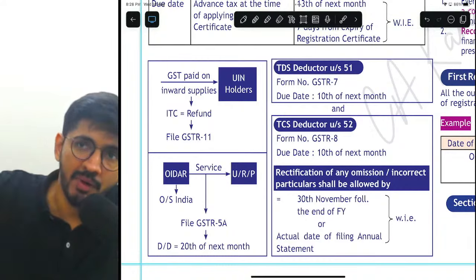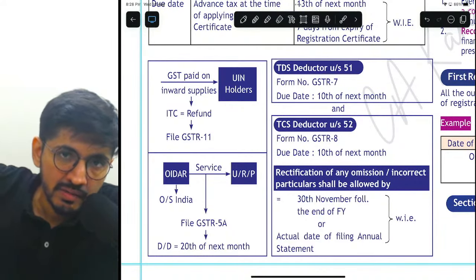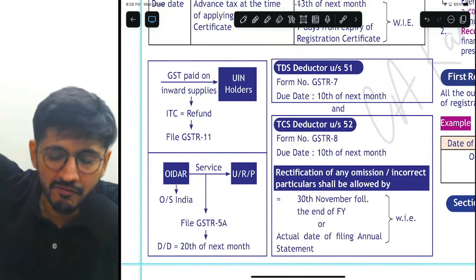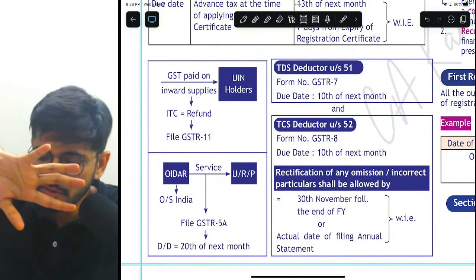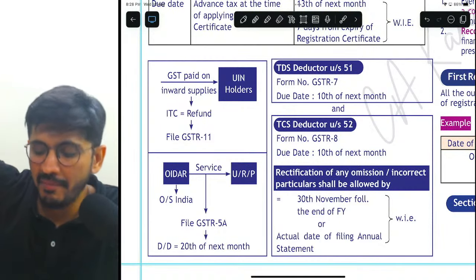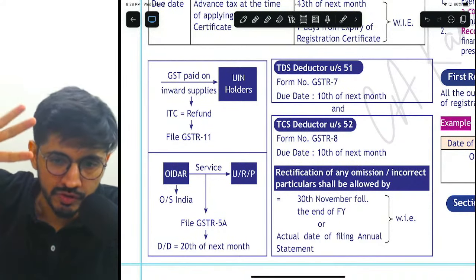They have all kept it at par, which is the best thing. Otherwise, there are different due dates for different forms. That used to really confuse students, and they used to forget it at the time. It is better for you all, and better for practicing chartered accountants also.